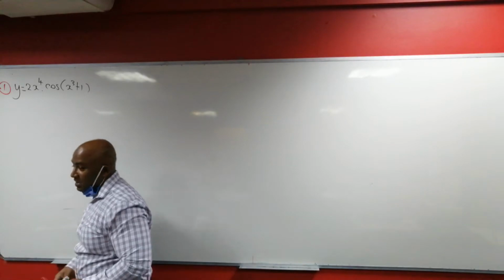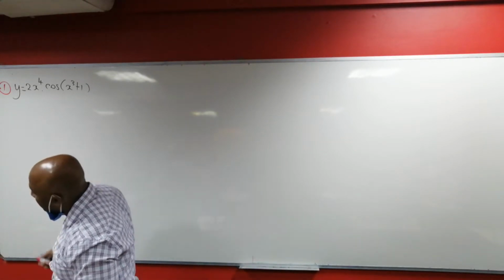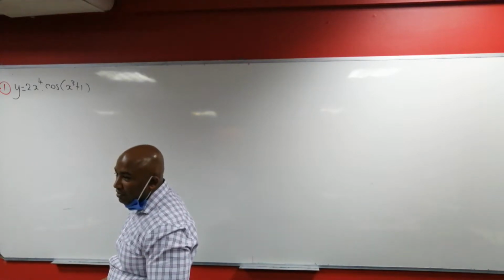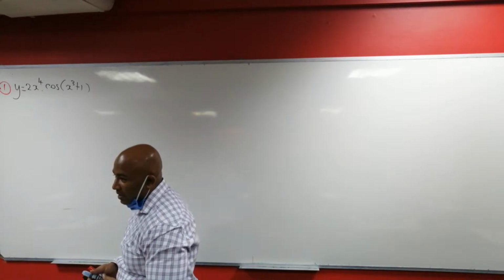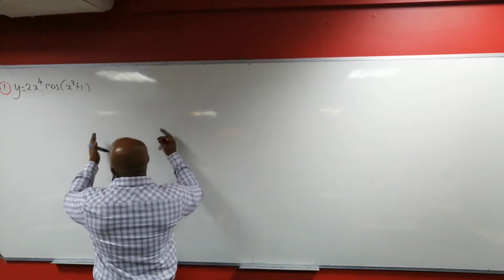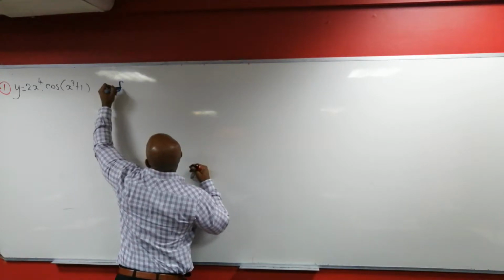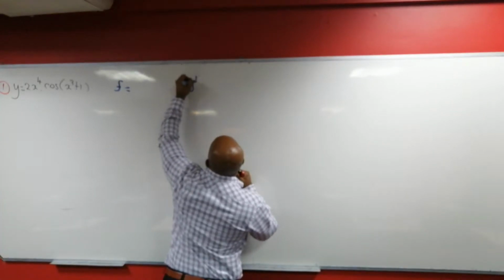Right, so our first example now, after the worked example, this is the first one that we're going to deal with. So we have 2x to the power 4 multiplied by cos of x to the power 3 plus 1. So what you do is, on the side here, you write down all your information. What is your f, and then your g.